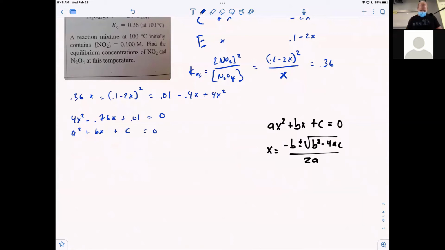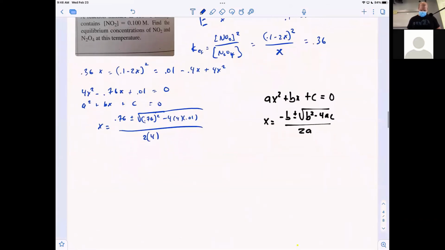So x equals negative b, so 0.76, plus or minus the square root of b squared, 0.76. I know it's negative 0.76, but squaring gets rid of it anyway. Minus 4, where a is 4 and c is 0.01, all over 2 times 4, which is 8.